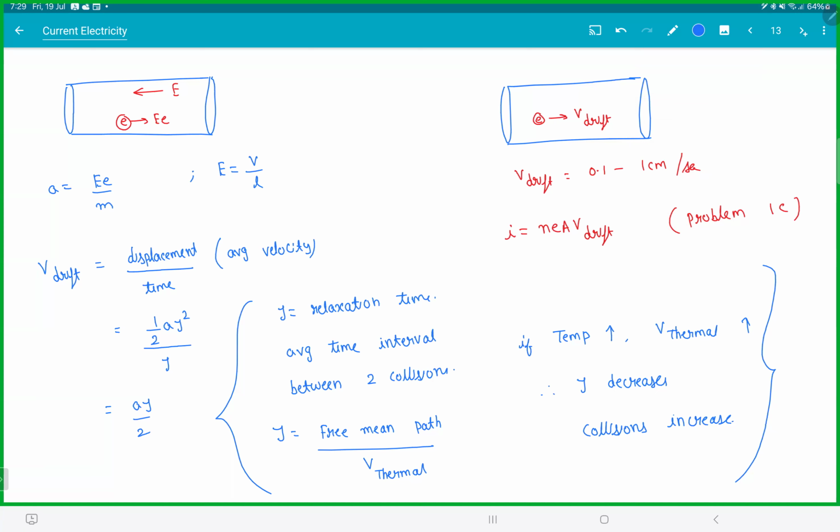Clear? Remember what is relaxation time? KTG में last thing that we did. Relaxation time, free mean path. Free mean path का formula याद है?